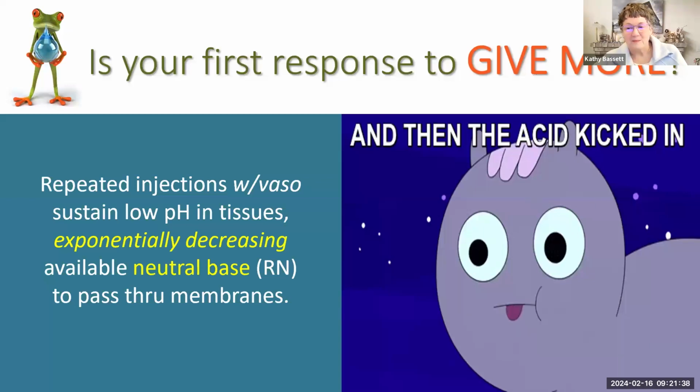And this exponentially decreases the available neutral base ions to pass through nerve membranes. So we're kind of shooting ourselves in the foot by limiting the success of successive injections when we are doing additional injections in the same locations with the presence of vasoconstrictors.